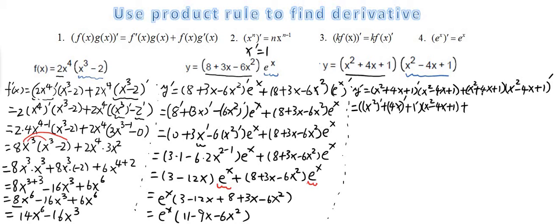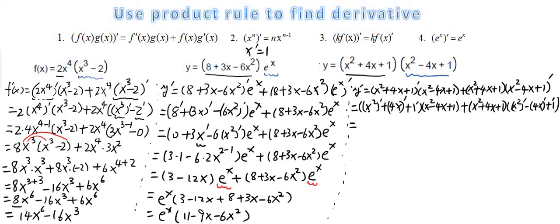And very similarly, we have the derivative of the second function. Okay, we have three monomials. We're going to do the derivative for each monomial. Okay, now we can simplify it.